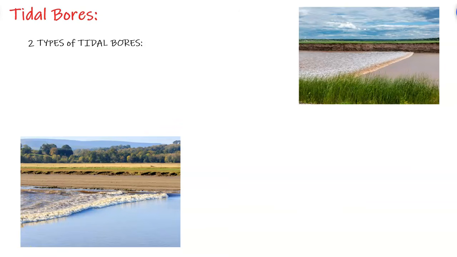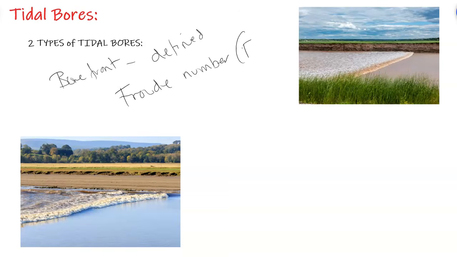So now whether you have two different types, the actual bore breaking wave or the wave front, the bore front is basically defined by an algebra equation. It is called the Froude number, which is Fr1, like that.